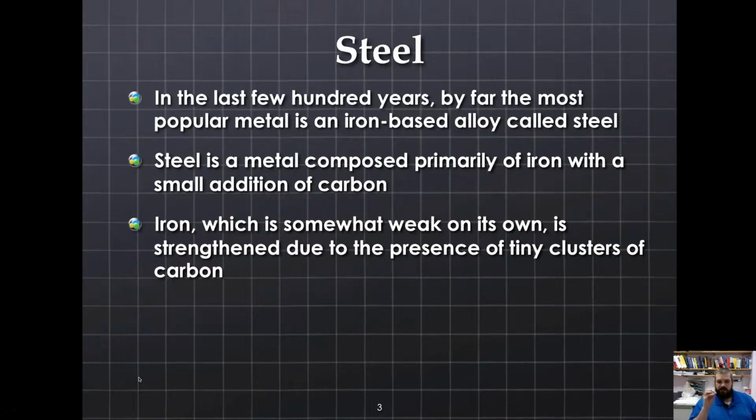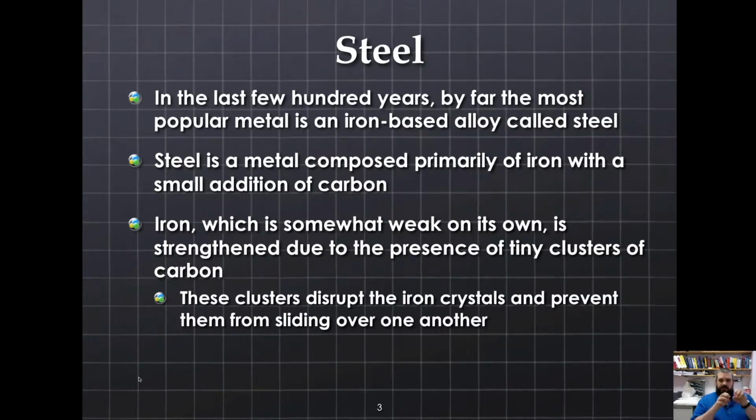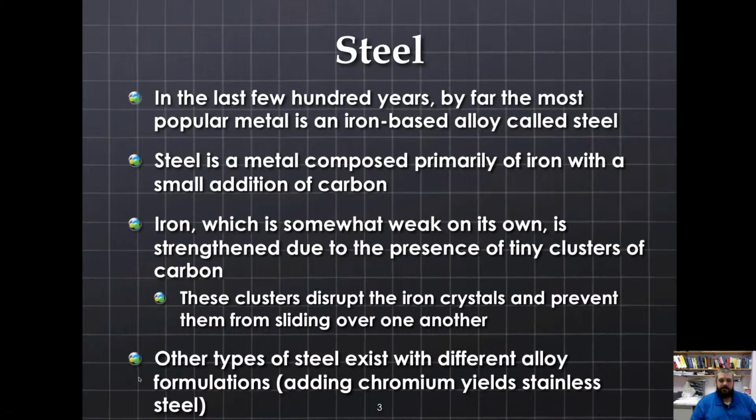But tiny clusters of carbon locate themselves in between the atoms of iron. The iron crystals can't slide over one another as easily, so by putting carbon in the alloy, the carbon locks those iron atoms in place and gives the steel its strength.